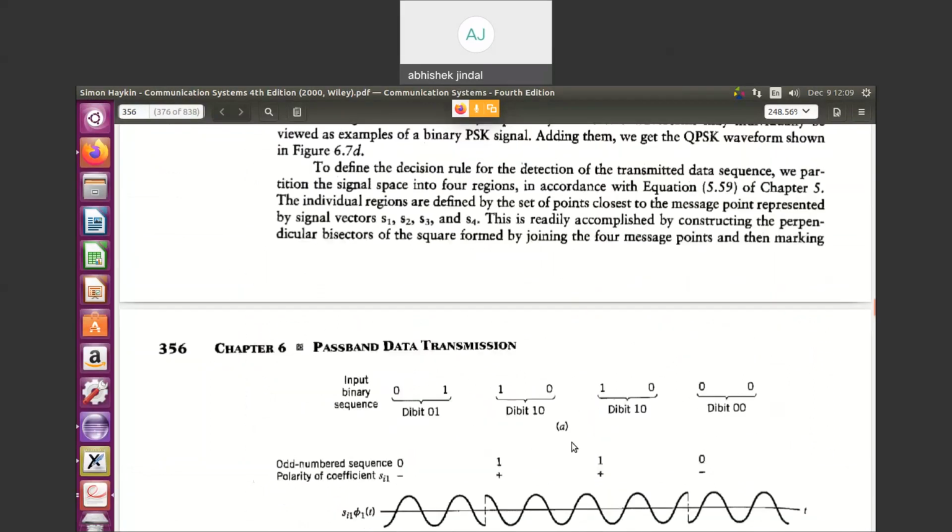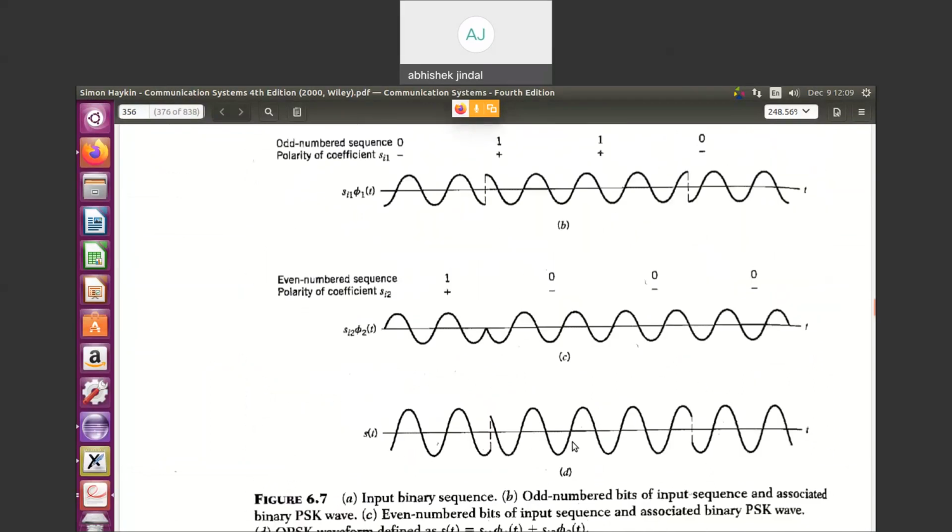In the case of QPSK, we will choose fc equal to n upon T, where T is the symbol period. In that case, the question is, do we maintain an integer number of cycles in each symbol time? From this figure, it is not yet clear, but yes, it is.